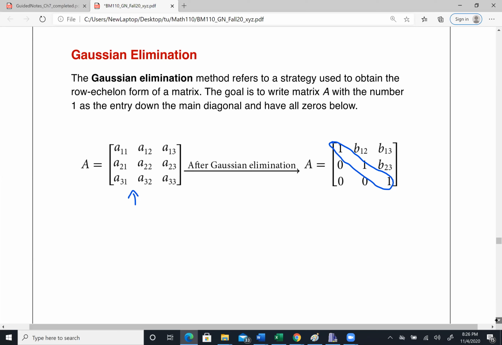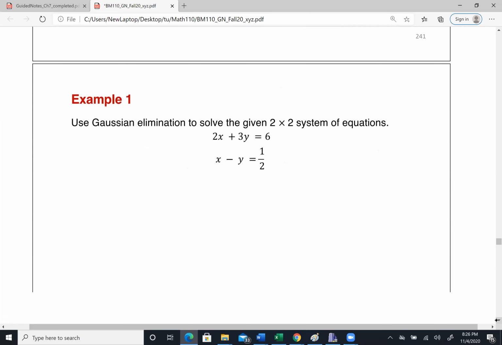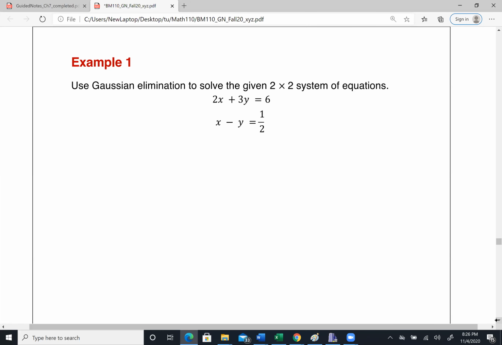So that's what we want. And let's do an example. Firstly, use Gaussian elimination to solve the given 2x2 system of equations. Firstly, I would like to change this to be an augmented matrix. So I have 2, 3, 6, and then 1, minus 1, and then 1/2.